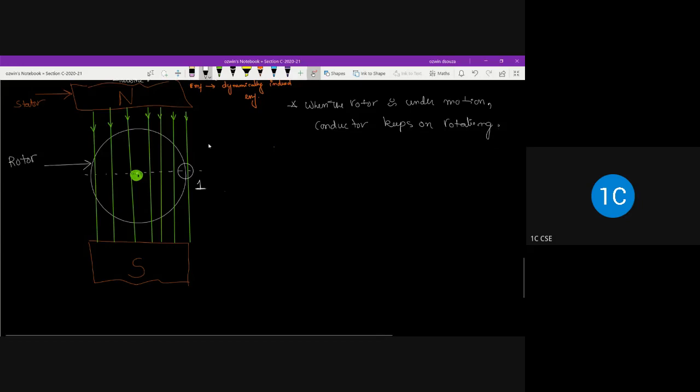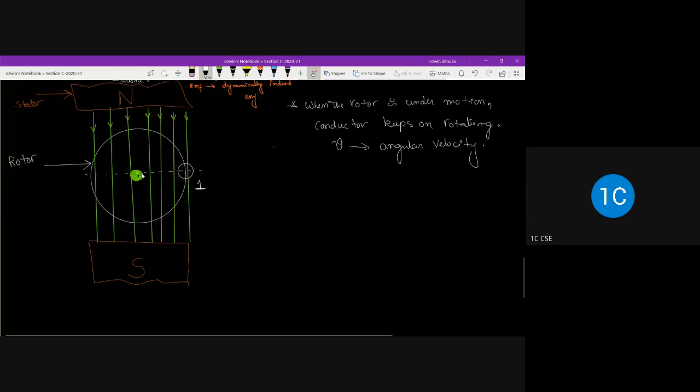Now the place at which the conductor occupies the position is pretty difficult to predict, because it constantly rotates with some angular velocity, where ω is the angular velocity.